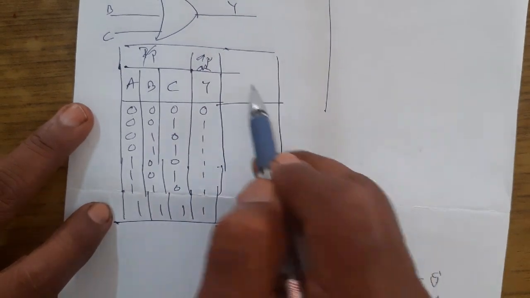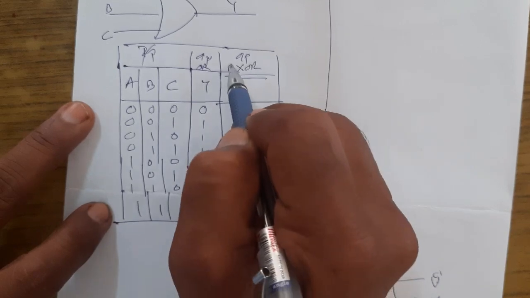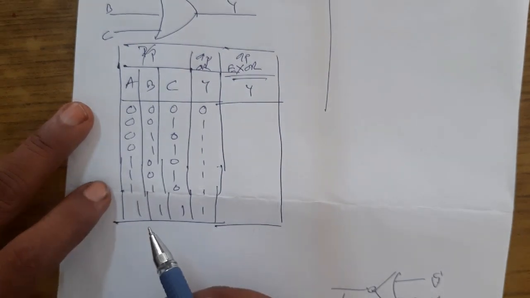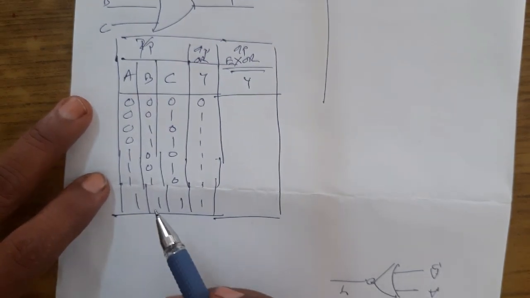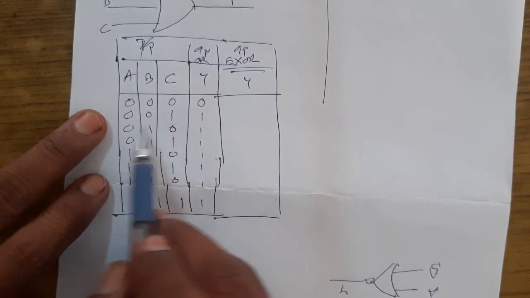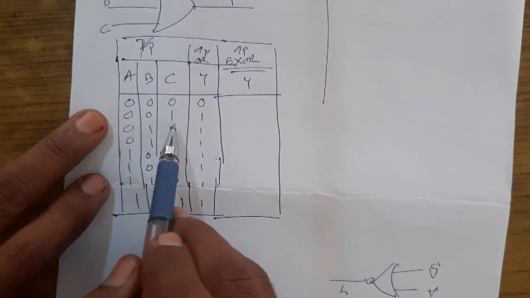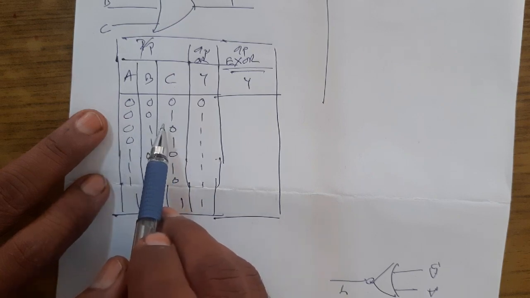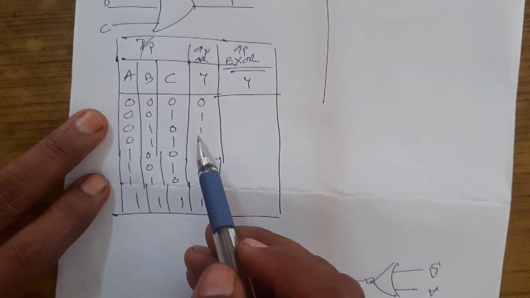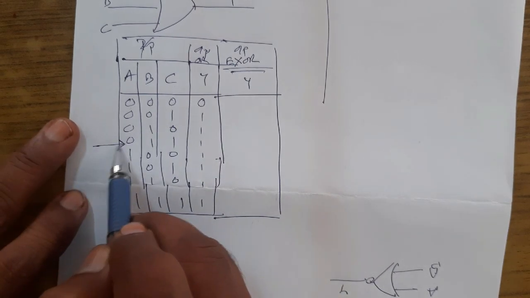Instead of preparing one more table, I will write this output for the XOR gate, output Y. See, the interesting thing is that those combinations from the input are excluded for which an even number of inputs are 1. Therefore, typically I can focus on this.